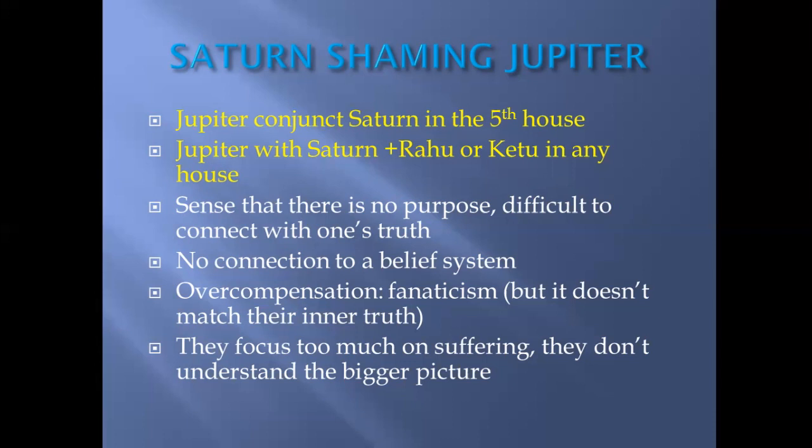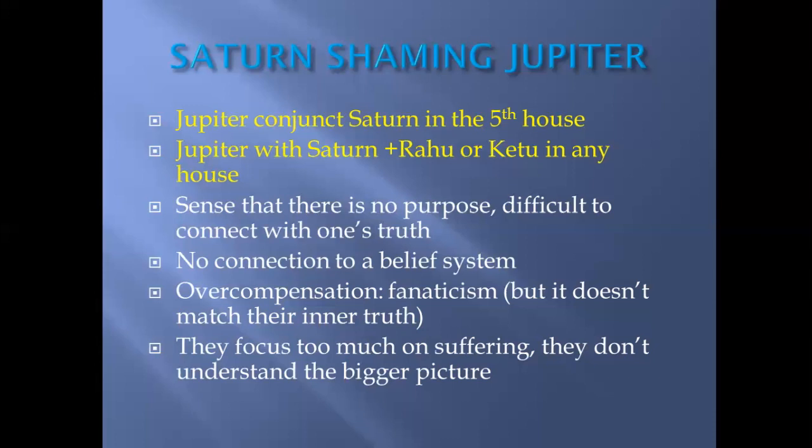They will not have a connection to a belief system. Jupiter rules belief systems as well. And this could also play out with fanaticism, as they will overcompensate, and they will be a little bit too fanatical about a belief system, about a religion, about a guru even.